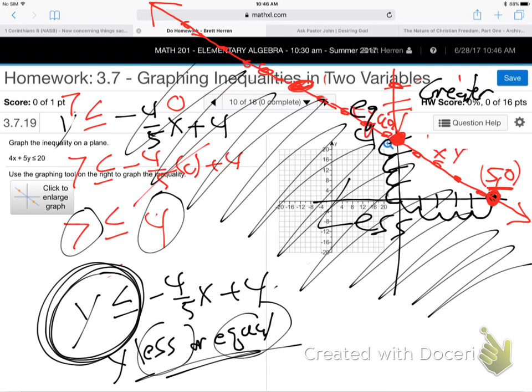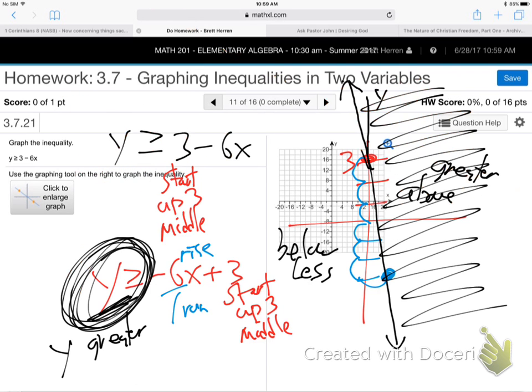Above is greater, below is less, but right on the line is equal. So if they have the equal, they want the line. But if they don't have the equal, they don't want the line. So this one, they wanted lesser stuff and the equal stuff, right? Less than or equal. So I gave them shading below, and I gave them a nice solid line. On the next one, they wanted greater than or equal, right? In the end here, they wanted greater or equal.